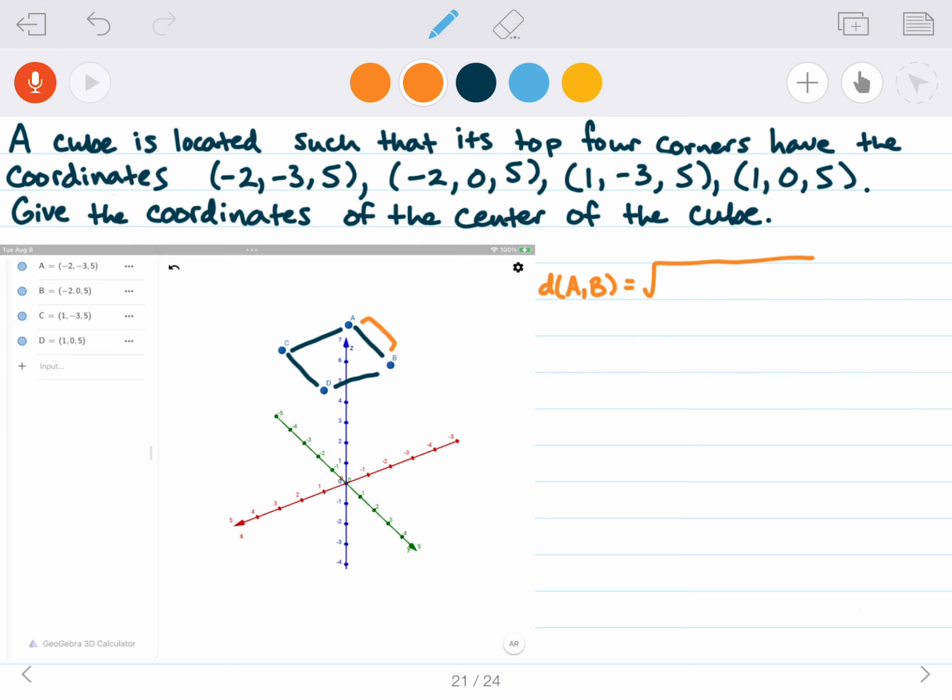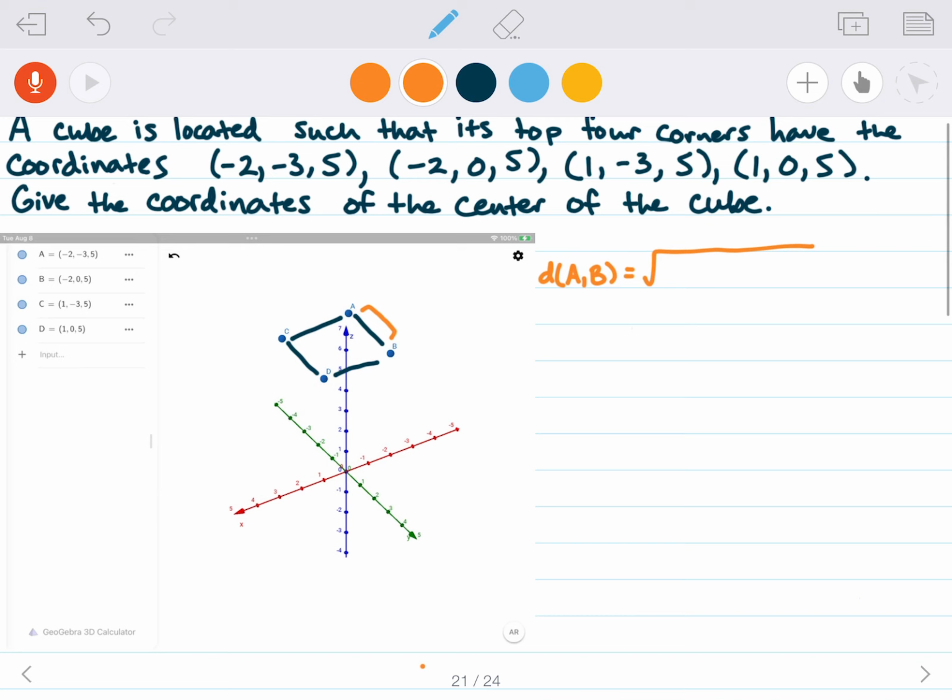A is this first ordered pair and B is the second one. So by our formula we have -2 minus -2 squared plus -3 minus 0 squared plus 5 minus 5 squared.